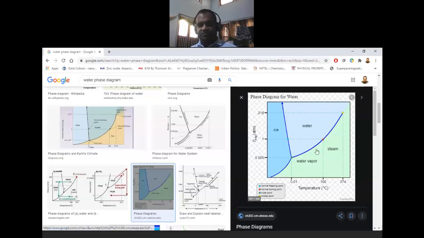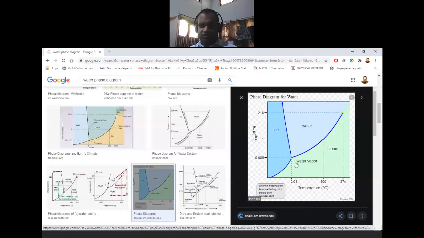So this is the phase diagram of water. You see it has three portions: ice, water, and water vapor or steam. Temperature is along the x-axis and pressure is along the y-axis.